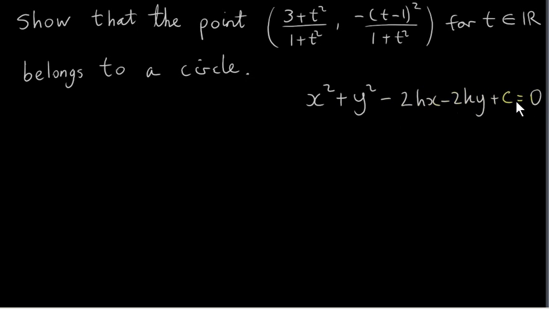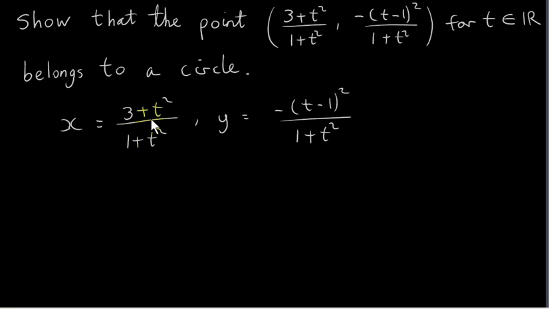And if it does satisfy an equation of this form, then we can read off what the center of the circle is, and we can work out the radius from h, k and c using this formula here. So we have to prove that a point of this form will satisfy an equation of this form.